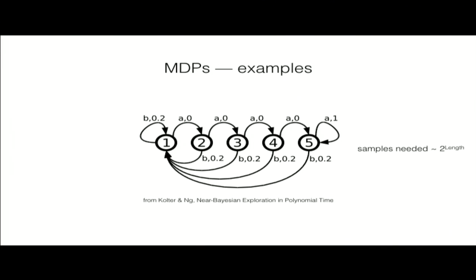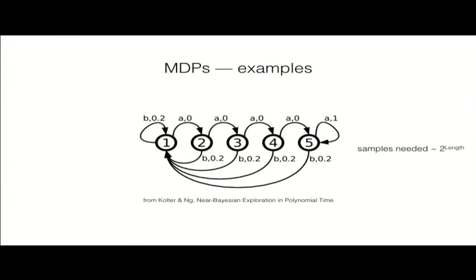If you initialize with a random policy, it's pretty unlikely that you'll make it all the way to the right, because if you choose action B once, you'll go all the way back to the start. We can parameterize this MDP by the number of states, and the amount of time it'll take to even get to this last state is exponential in the number of states. And the reward is 1 if you're at this state and you go to the right.